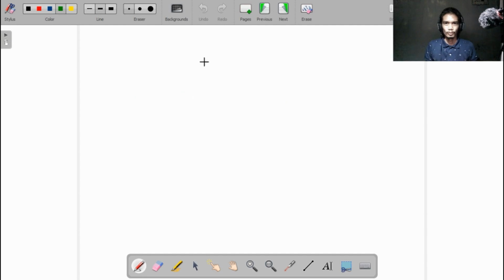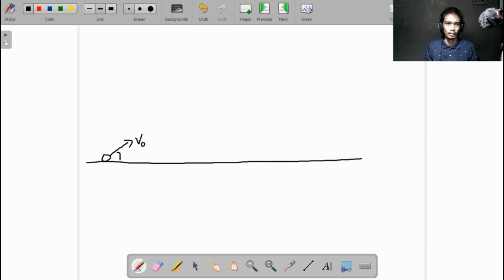Okay, so here, say for instance, I have an object on an even surface, launched at a speed of v0 and given by an angle alpha. Of course, this has a horizontal component v0x, which is equal to, according to physics, v0 cosine alpha.